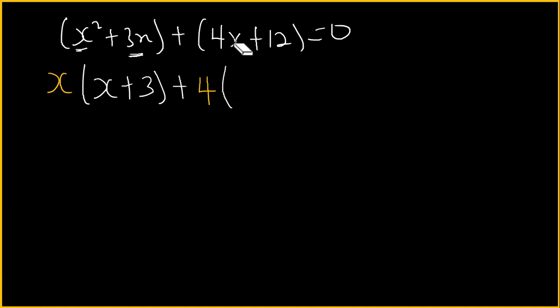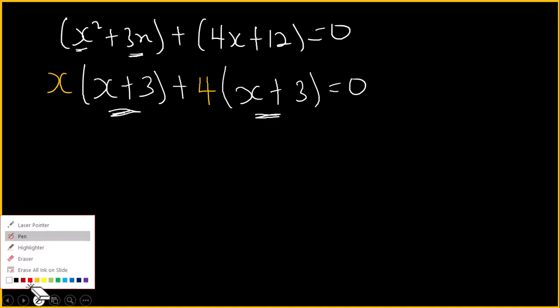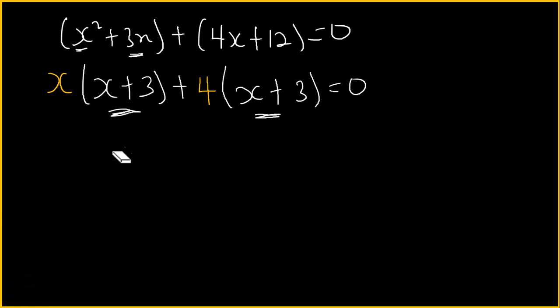So what is left here? x plus what is also left here? 3 is equal to 0. At this point, we have the expression x plus 3, x plus 3, and this tells us that the expression x plus 3 repeats itself here, and these factors compound, right?